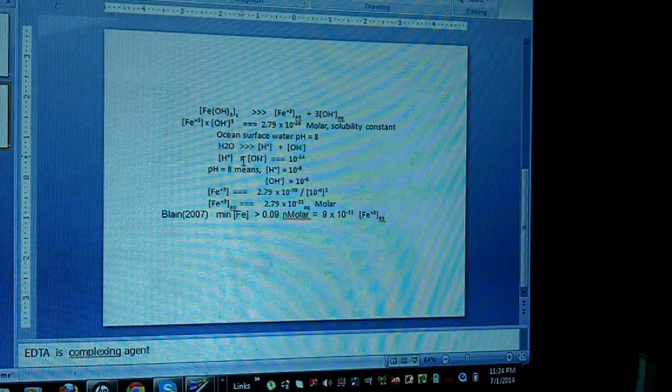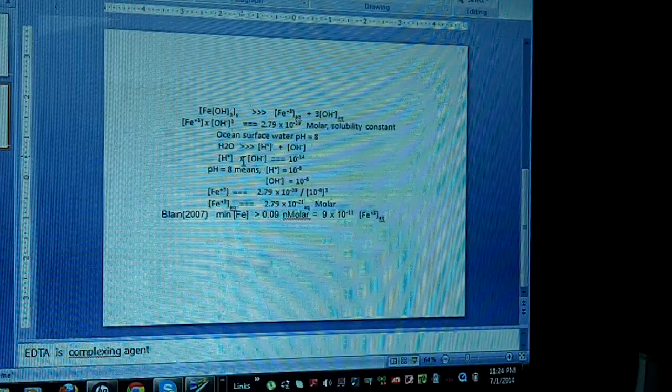And if you're going to intentionally put iron in the ocean, then one of the things we ought to consider, which is on the lower left-hand corner of the screen, is ethylene diamine tetraacetic acid. And that's a strong complexing agent. And in fact, it's present in all shampoos and things like that.